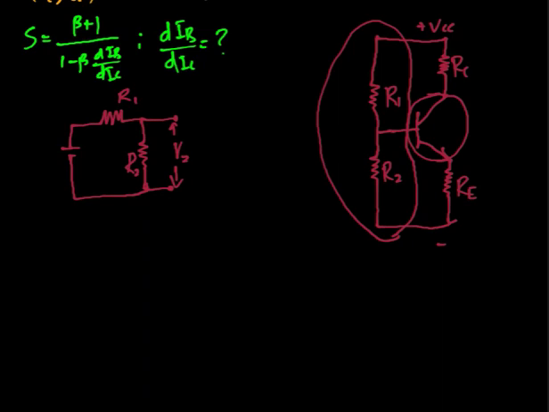So the voltage across R2 serves the purpose of transistor biasing in this circuit. So we are going to replace this circuit by its Thevenin equivalent.